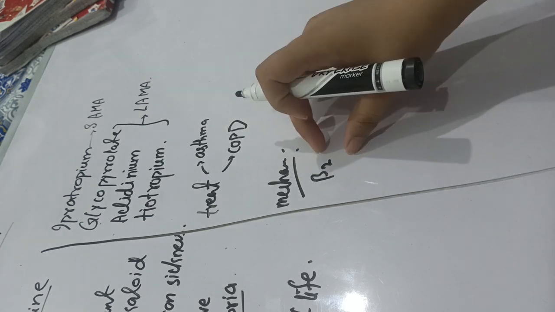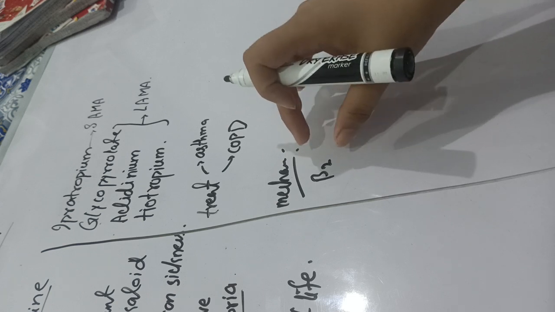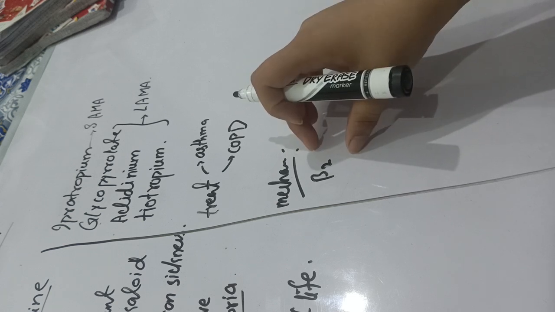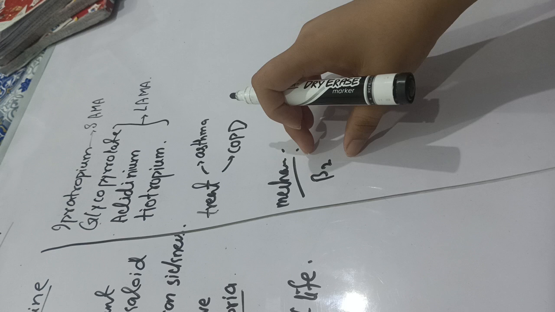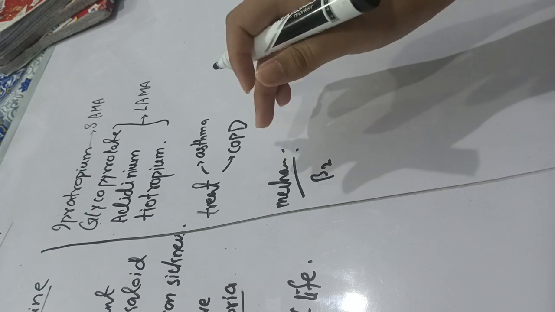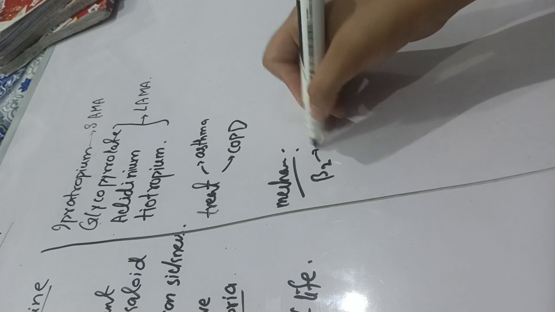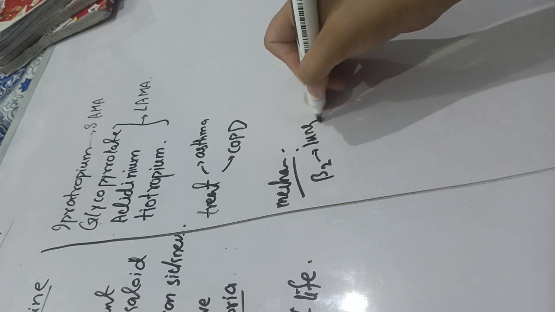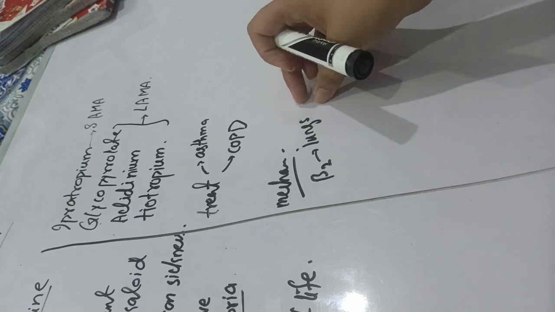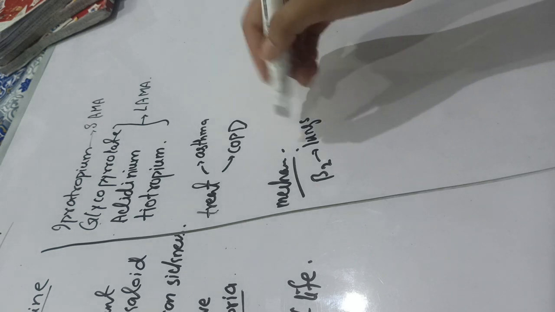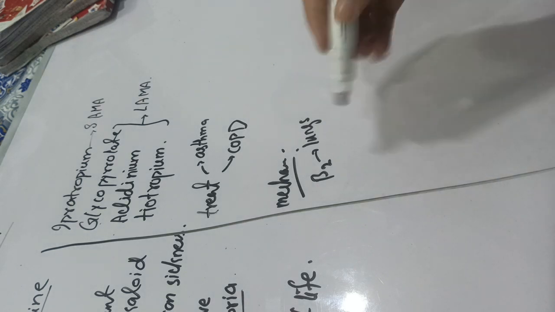The mechanism is that these drugs act on beta 2 receptors, which will be discussed in the adrenergic part of your chapter. If you haven't watched that video, then go and visit my channel and see it. The beta 2 receptors are present in the lungs, in the bronchi.